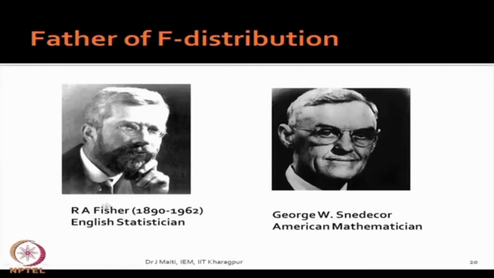Getting me? So, these are the strategies, and you can go through some books. As I told you, T distribution and F distribution will be heavily used, and for F distribution, all of you know R. A. Fisher, that English statistician, he has contributed a lot in the agricultural sector, and George W. Snedecor, American mathematician, they are the pioneers in developing the F distribution.